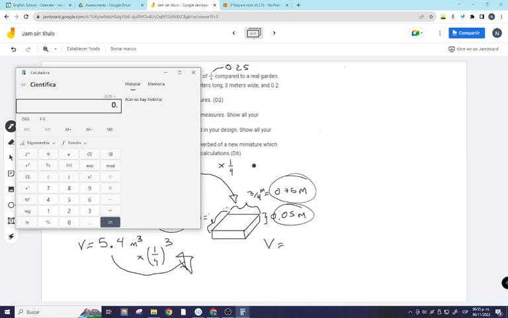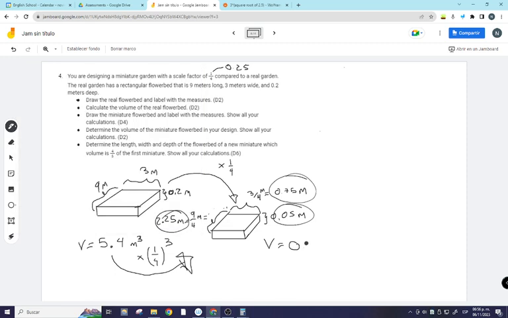0.05 times 0.75 times 2.25. You get a volume of 0.08437. Let's round it to 3 decimal digits, cubic meters. If we do the other method, we should also get exactly the same. So, what is 1/4 cubed? That is 1 over 64.